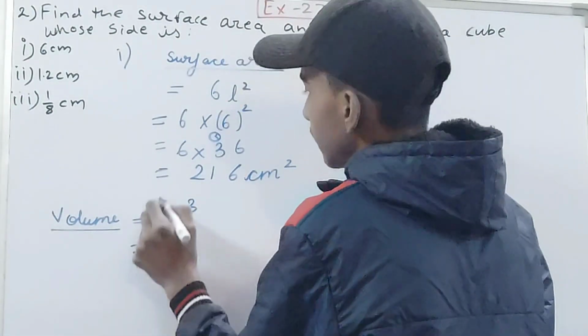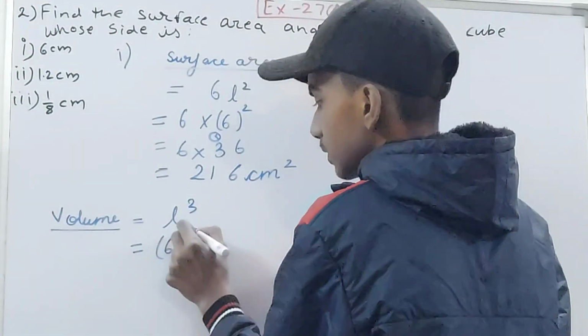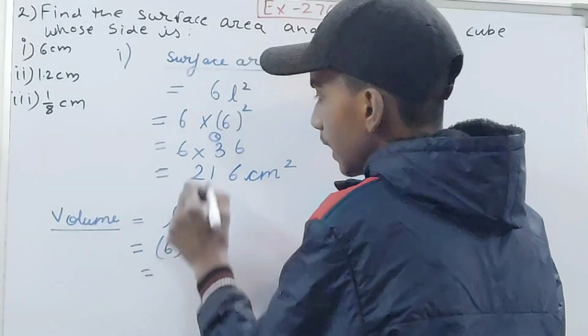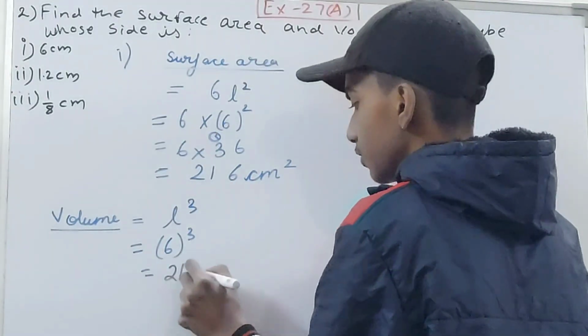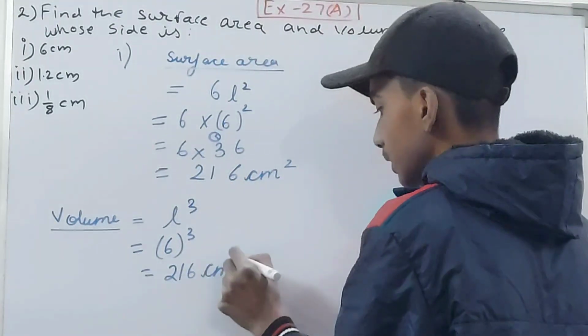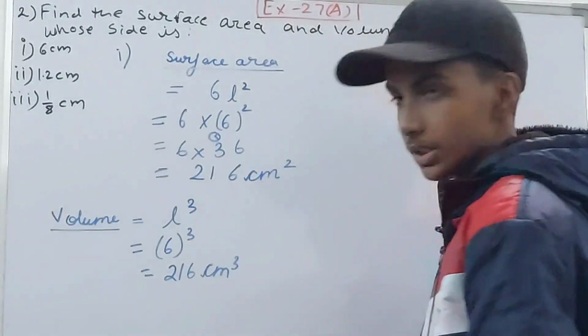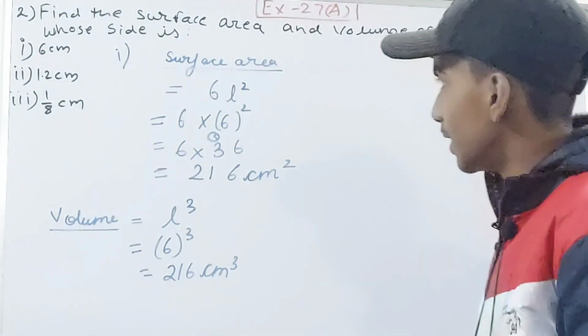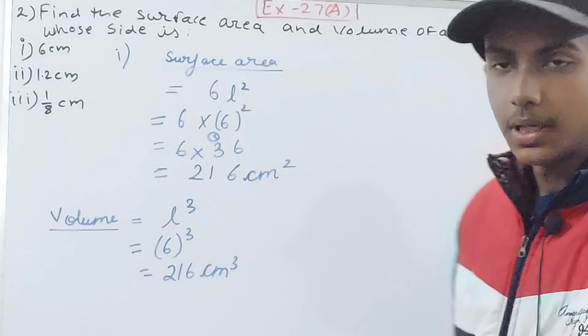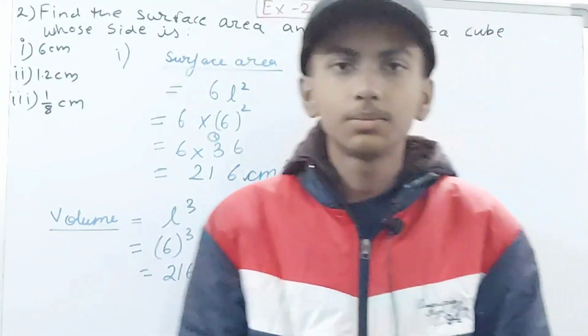So calculate the cube of 6. We have just now calculated it: it is 216 cubic centimeters, not square centimeters. Put the units carefully. Now let's move on to the next part.